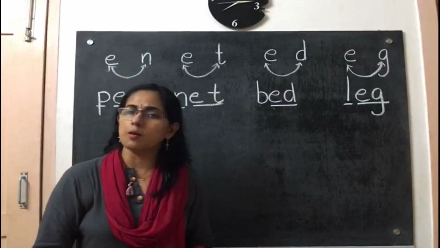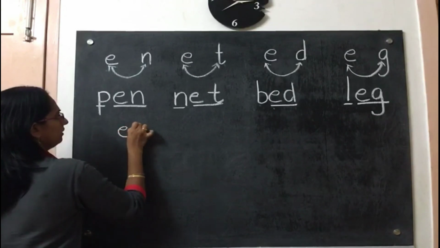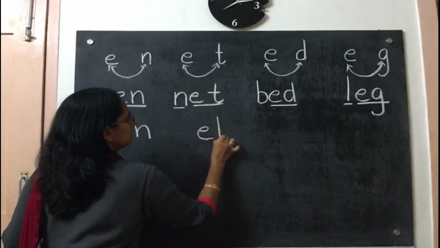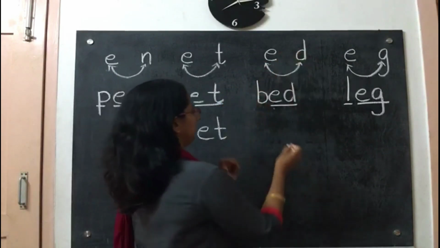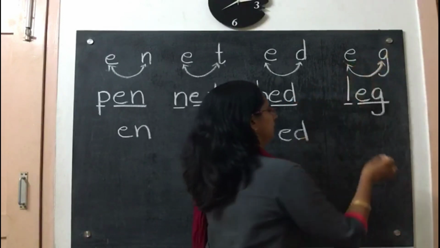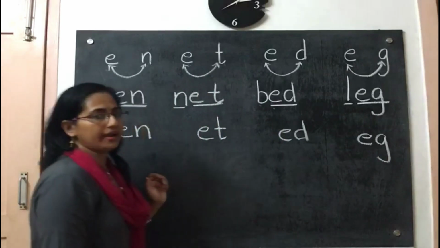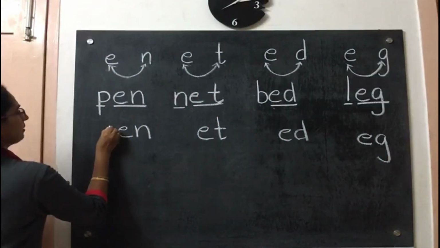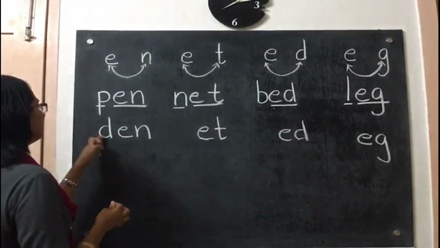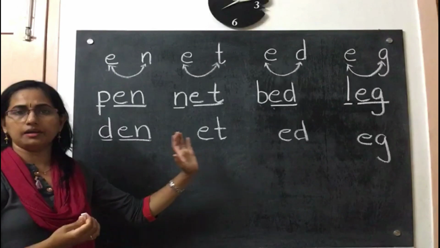Now let me show you some more examples. Again, N. Et. Ed. Eg. Right? Now let me add D. Letter D. The sound of D is D. En.